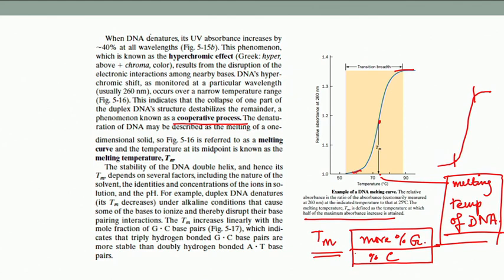That means your hydrogen bonds are stronger now. The two strands are connected by a larger number of hydrogen bonds, because G is more, C is more. Okay. So, your Tm will increase, because it will require more energy now to separate the strands. So, the first thing is that Tm depends on the percentage of GC content.